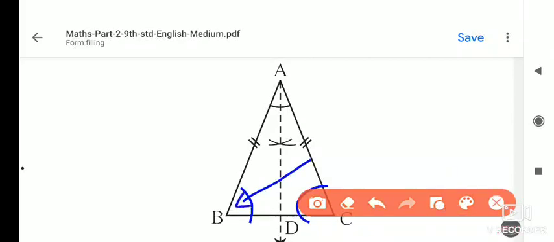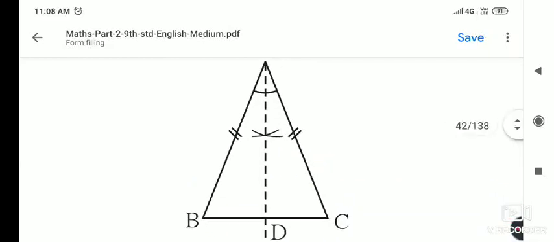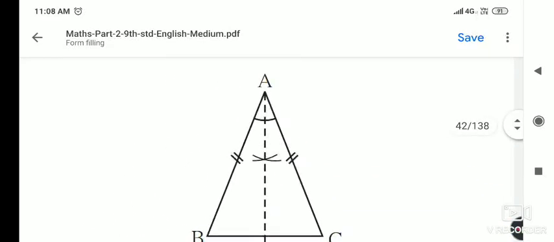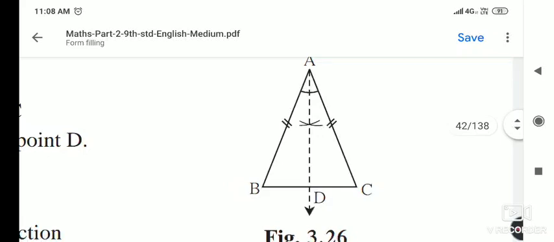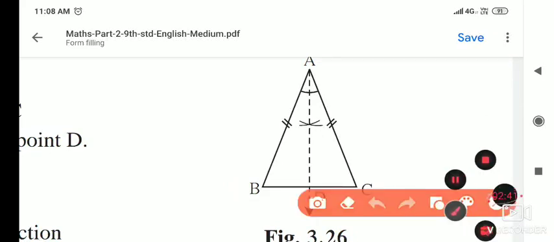AC's opposite angle is B and AB's opposite angle is C. These two angles are congruent to each other, that we have to prove. If you see this, it is actually very easy. I will explain it in the figure first, then we will see how we can complete it in the activity. Okay, so here is your triangle.